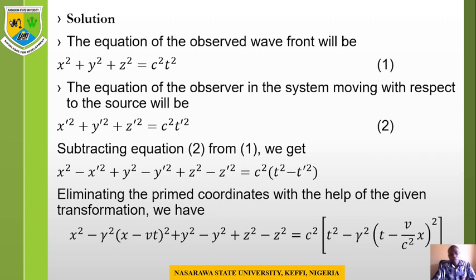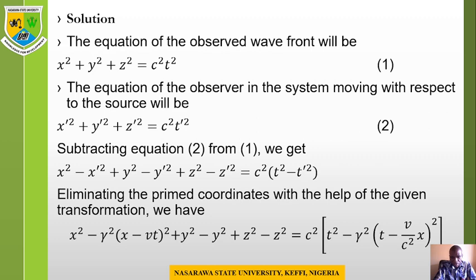Then subtracting equation 2 from 1, we get equation 3. And then eliminating the prime coordinates with the help of the given transformation, when you eliminate and solve mathematically, you arrive at the last equation there.